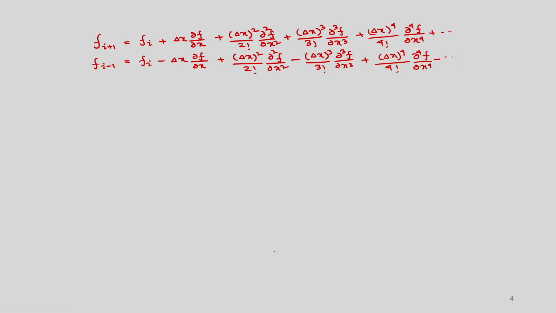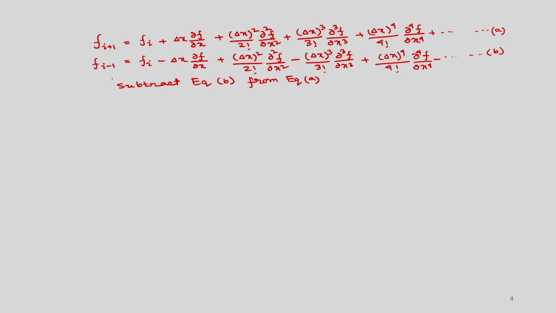So, now if you subtract the second one from the first one. So, let us say this is your equation A and this is equation B, then subtract equation B from equation A. So, what you will get?